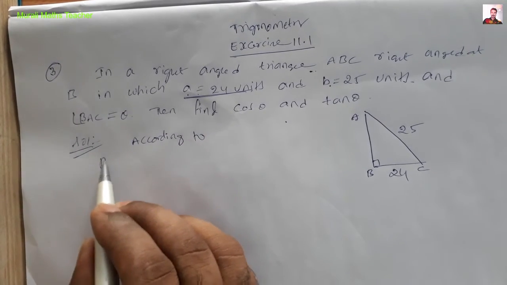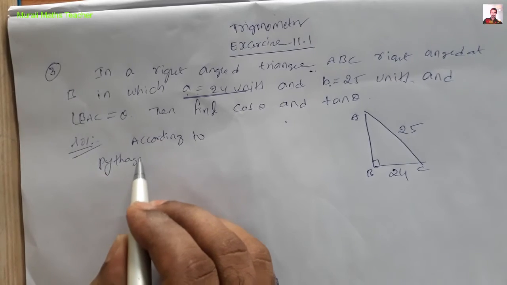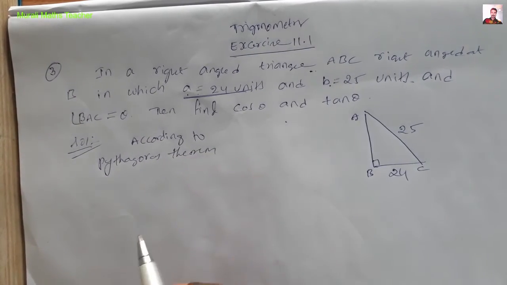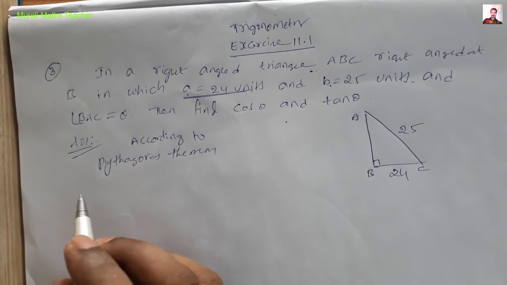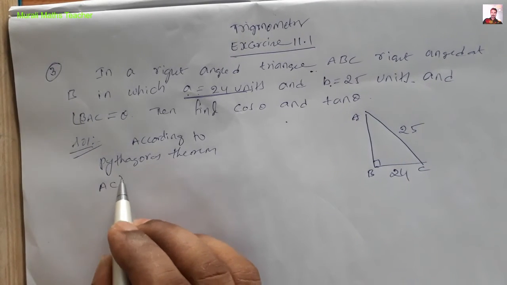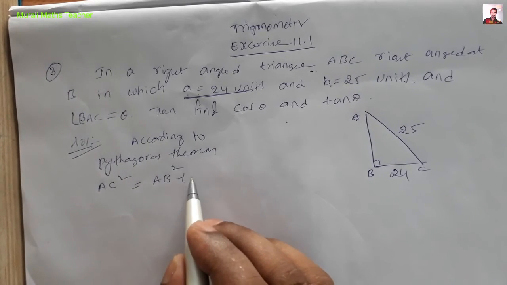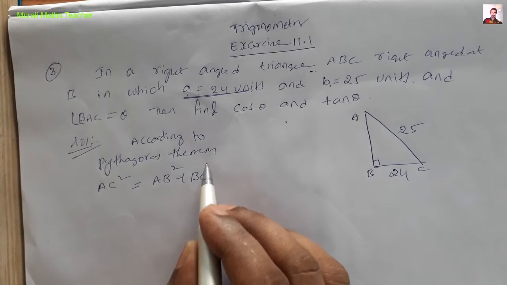According to the Pythagoras theorem, AC square equals AB square plus BC square.